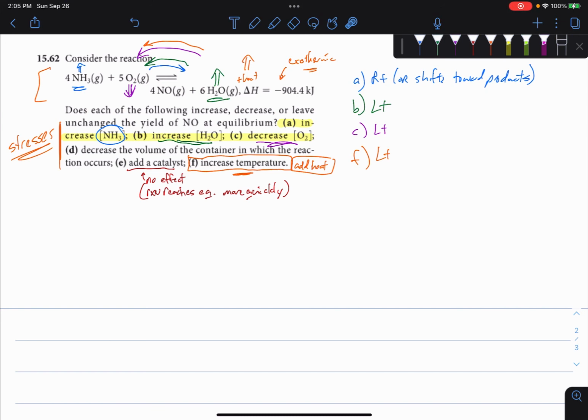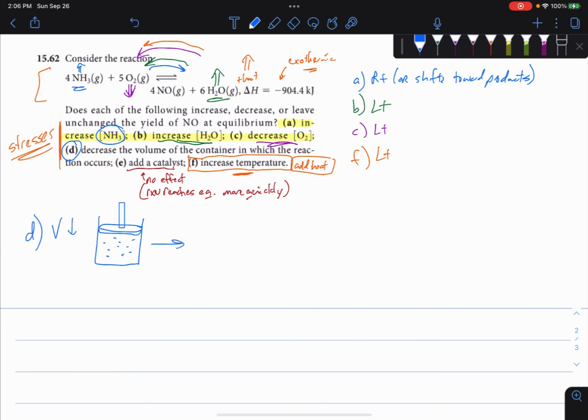Okay, the last one I want to do, the more difficult one, is D. Let's talk about D. In this case, the volume of the container is decreased. Let's think about what that means. In class, I tried to draw a kind of system here with, let's say, a piston going down there, and then there's gas particles sitting in there.